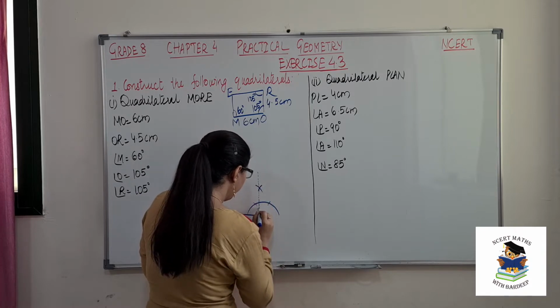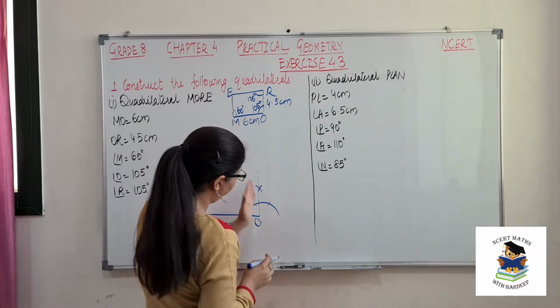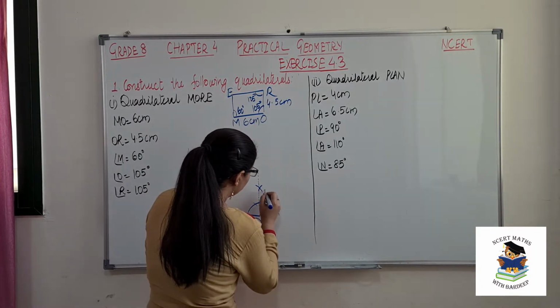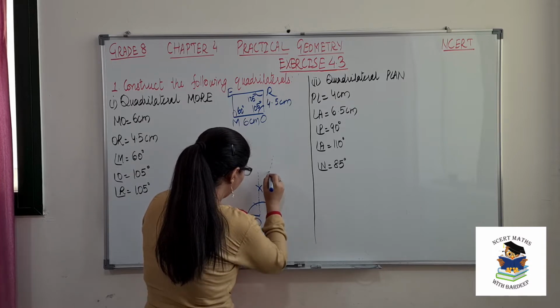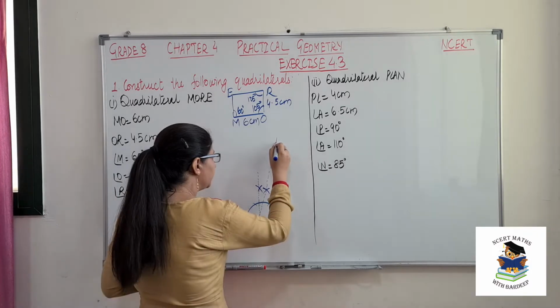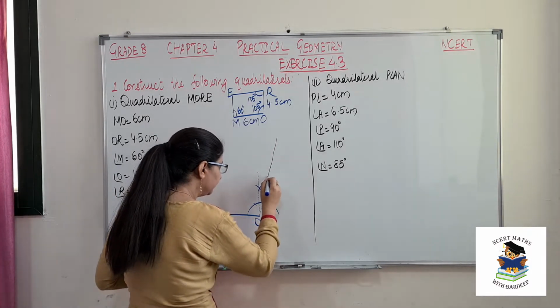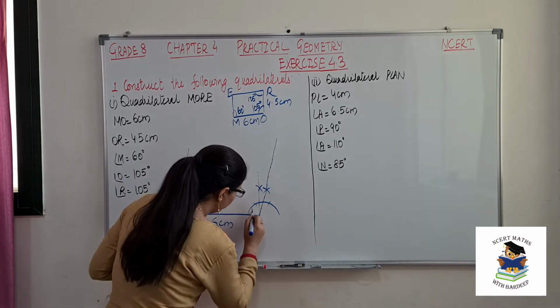Since only the required angle should be in bold line, and 90 is for reference, I have made a dotted line for this. Then we will bisect 90 and 120, so you will get 105 degrees. Let's extend it further. This angle is 105 degrees, so you will write it here.